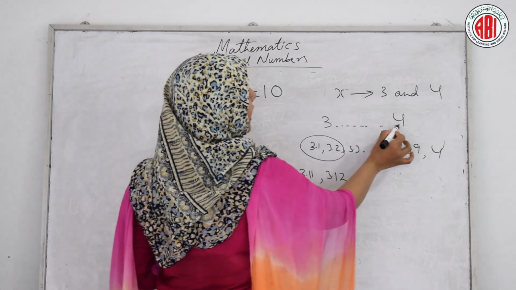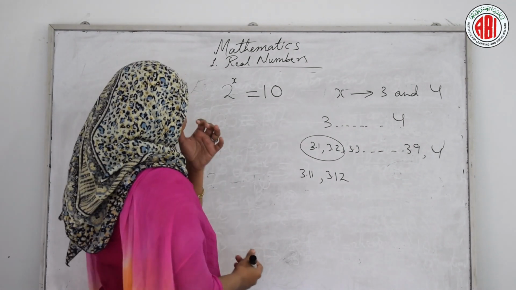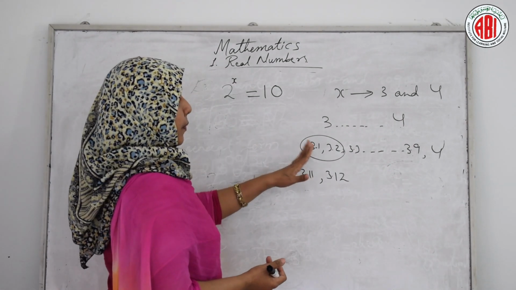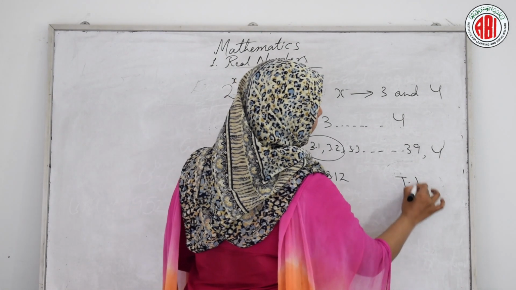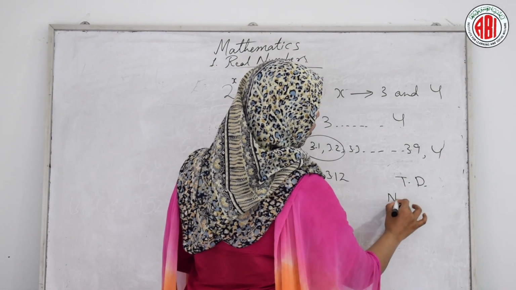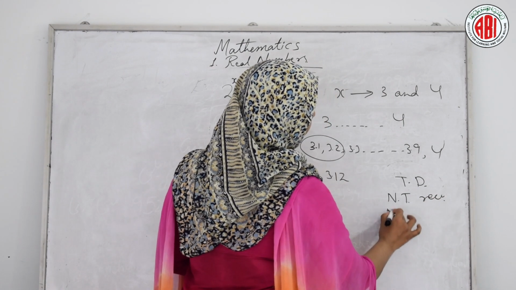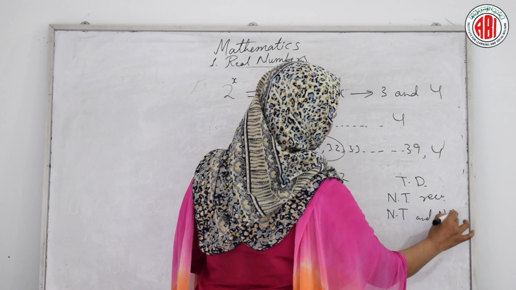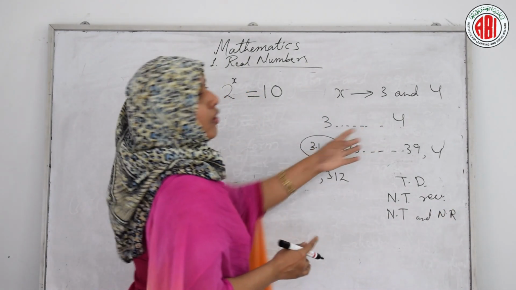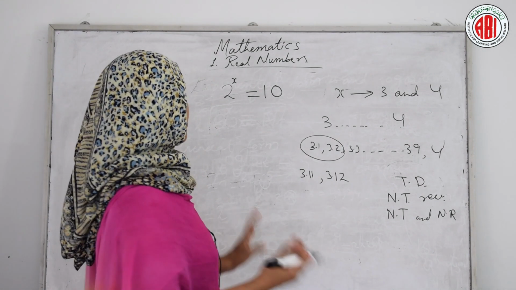That means between 3 and 4 we have so many decimal numbers. Those decimal numbers can be terminating decimal, non-terminating recurring, and non-terminating and non-recurring. That means between 3 and 4 we can have so many rational and irrational numbers.